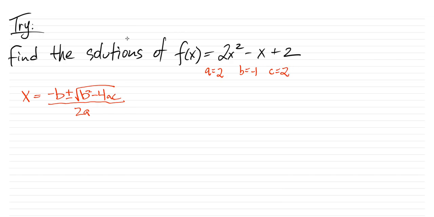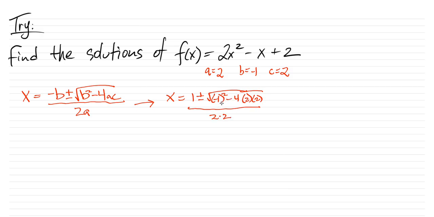So these are the numbers we're going to use for the quadratic formula. So I'm going to have the opposite of b, which would make it +1, plus and minus the square root of b squared minus 4ac, all over 2 times a.